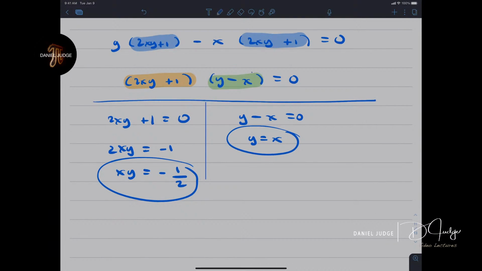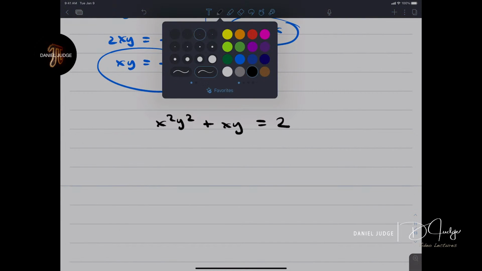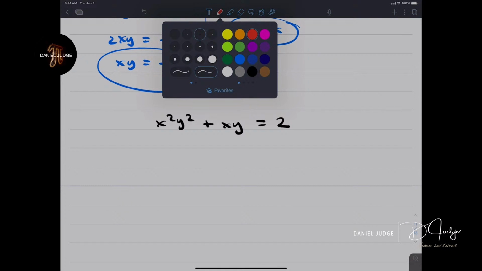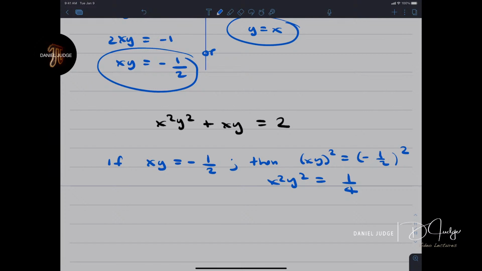Remember the original curve: x squared y squared plus xy is 2. That's the original curve. So this is my two solutions for the derivative being equal to -1. Now, if xy is in fact -1/2, then when I square xy, I'm squaring -1/2, which means x squared y squared is +1/4.